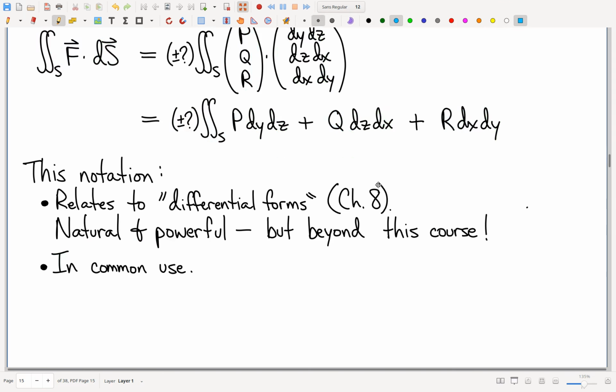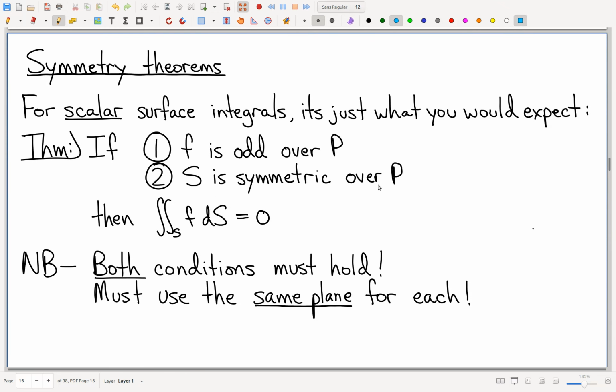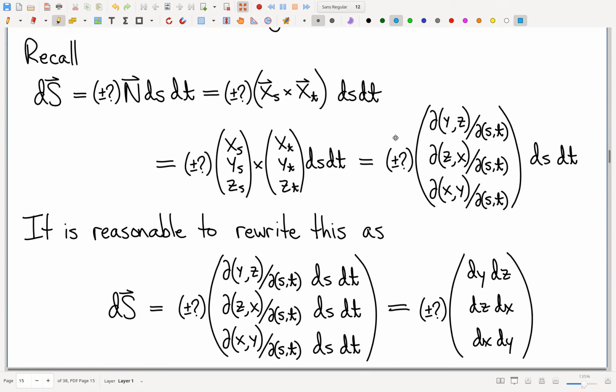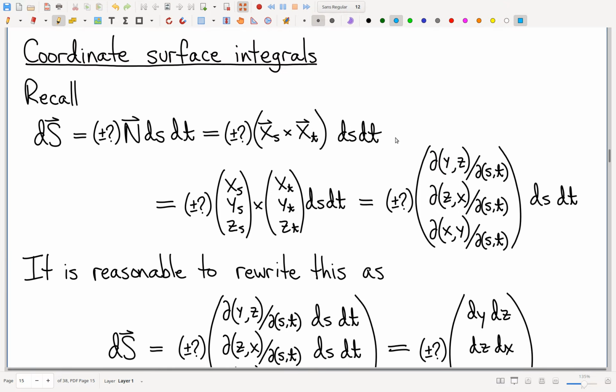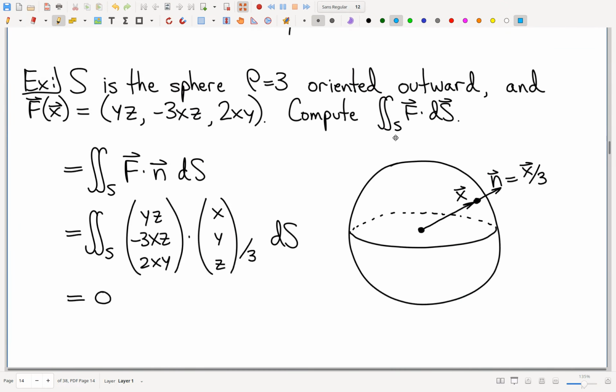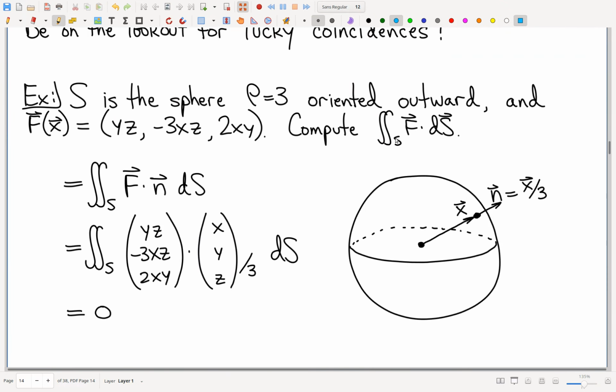All right, moving along. Symmetry theorems. By the way, real quick, before I go on, we talked about symmetry theorems for line integrals, the coordinate versions of integrals, and geometric good fortune. We talked about that for line integrals.